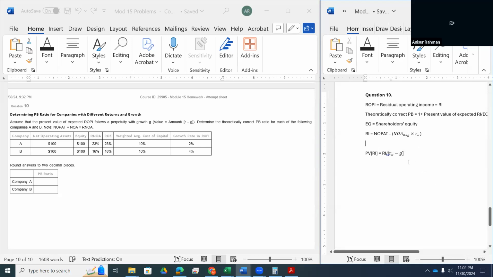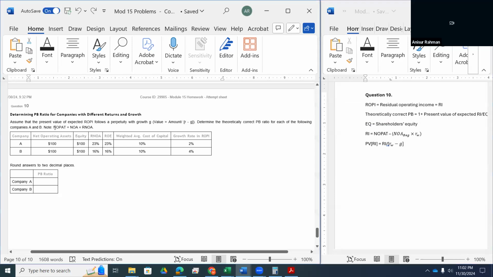Okay, so we have several steps here. So let us complete these steps one at a time. So first of all, how do we calculate RI? To calculate RI, we need to also know how to calculate NOPAT. And this problem tells us how to calculate NOPAT.